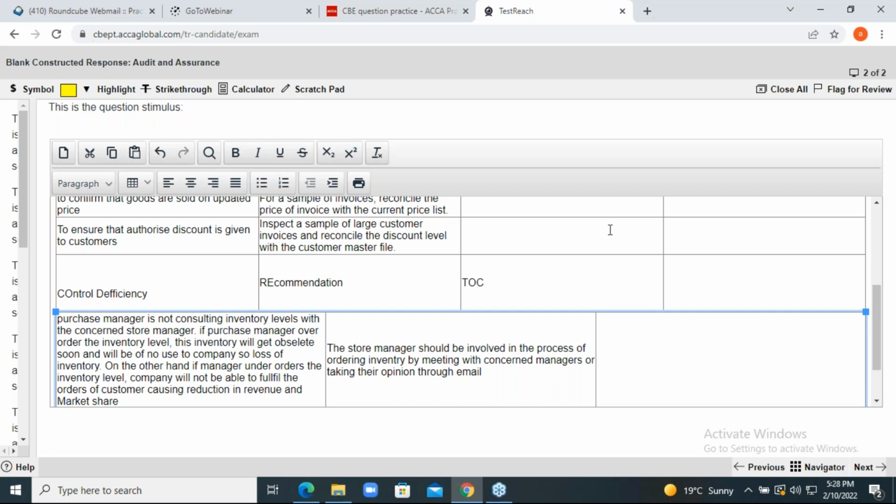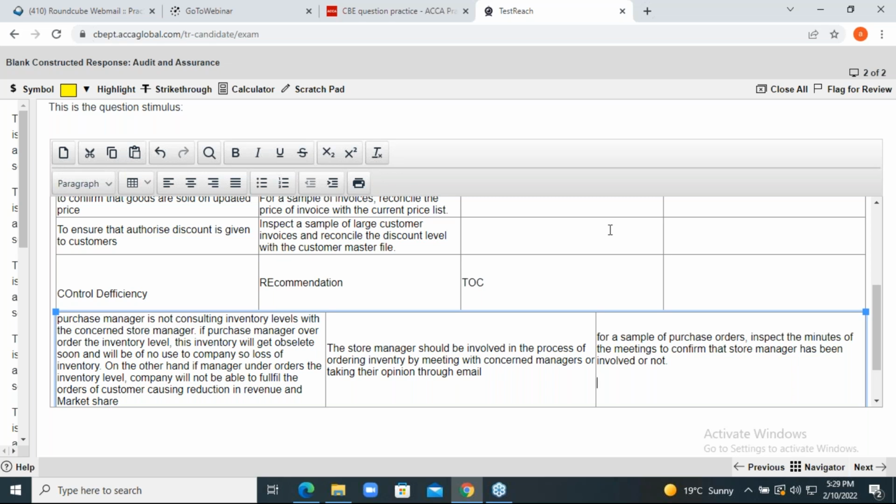So let's say for a sample of purchase orders, inspect the minutes of the meetings to confirm whether the store manager has been involved or not. Now this is the first test of control.